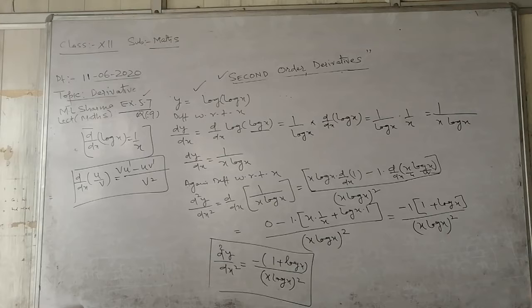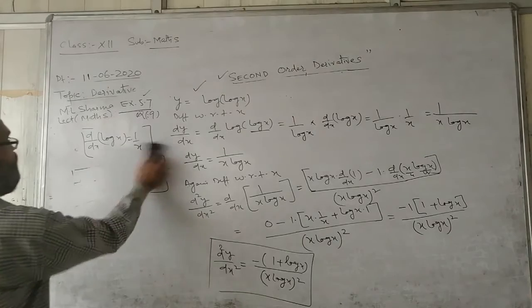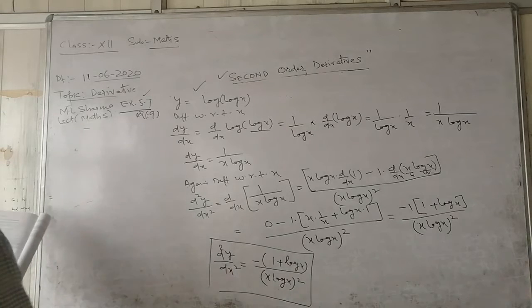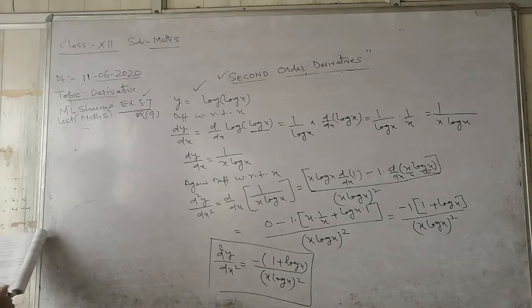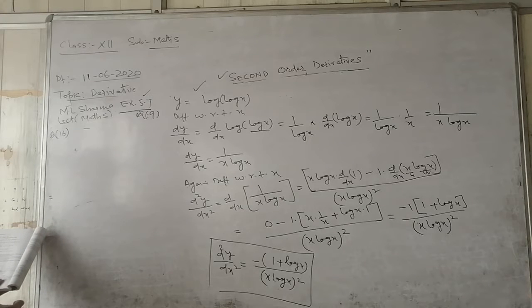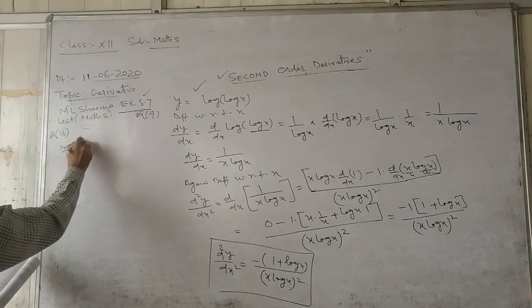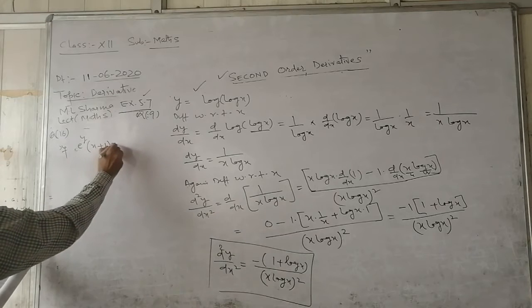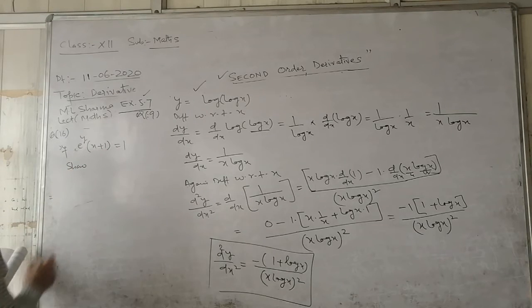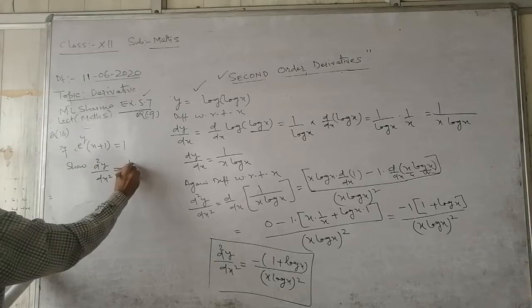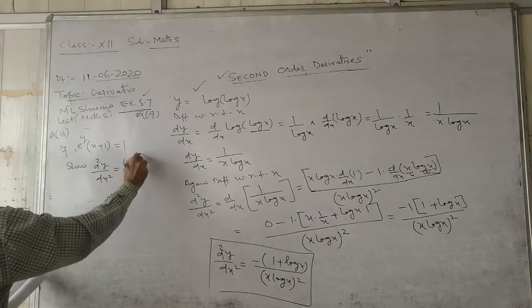So next question, question 16, says: if e raised to the power y into x plus 1 is equal to 1, we have to show that d2y upon dx2 equals dy upon dx its whole square.